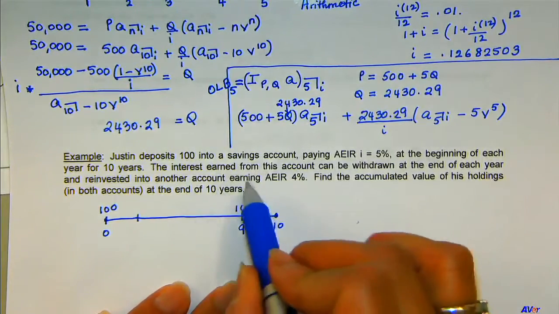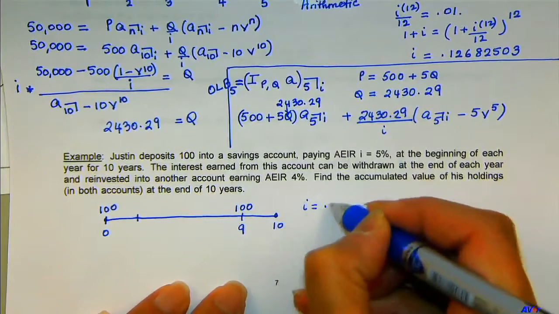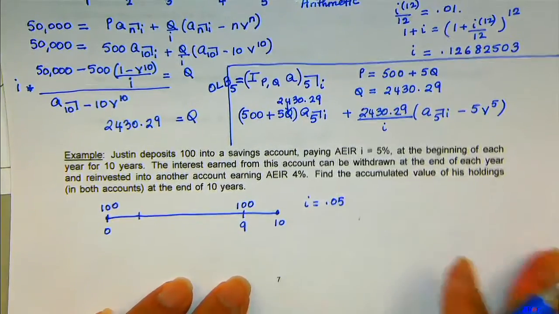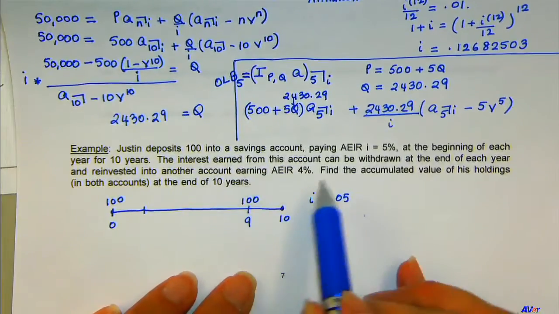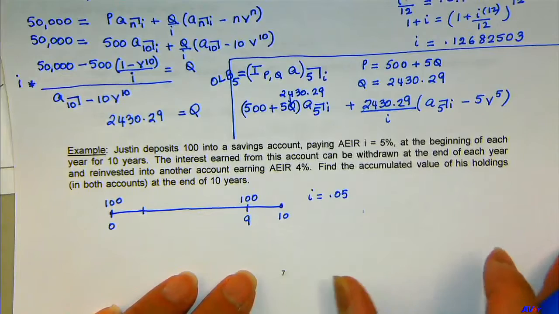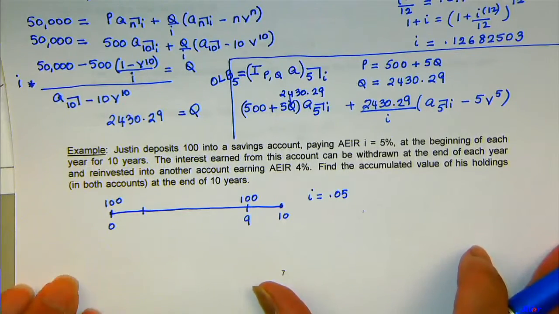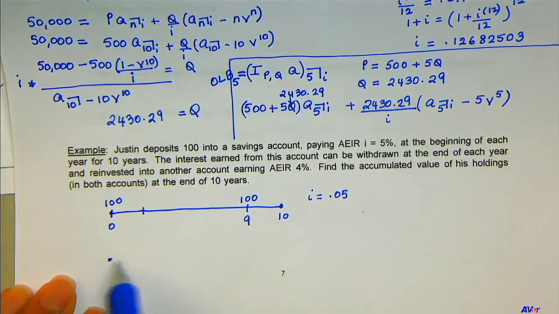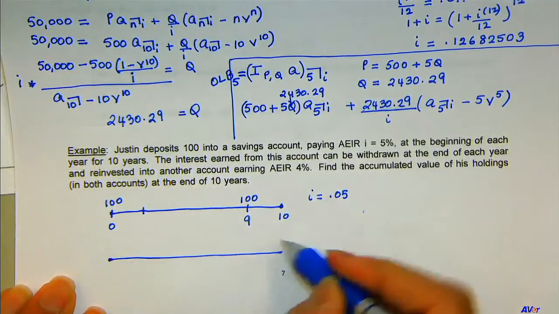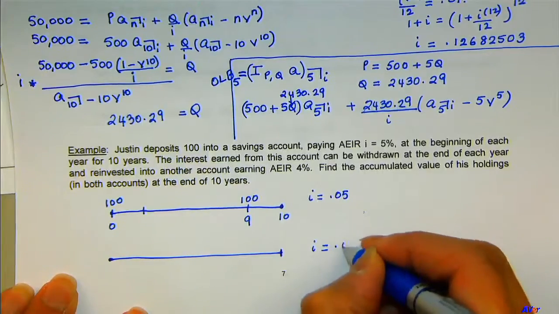The interest earned from this account can be withdrawn at the end of each year and reinvested into another account earning 4% interest. Let me write here, this one gets 5% interest rate. Okay, so the next account earns I equals 0.04.